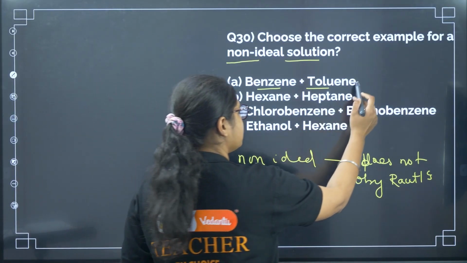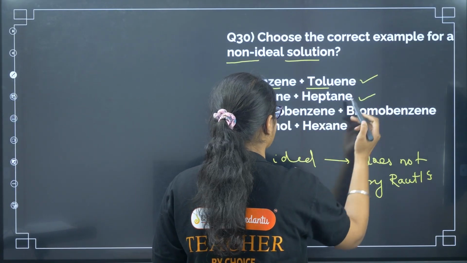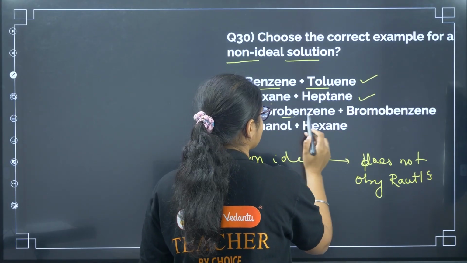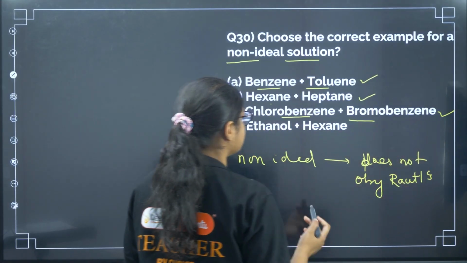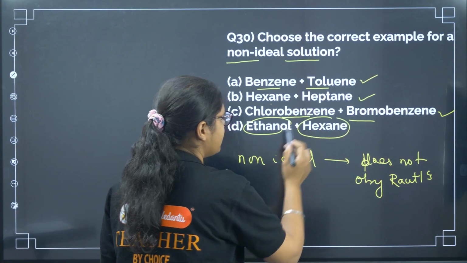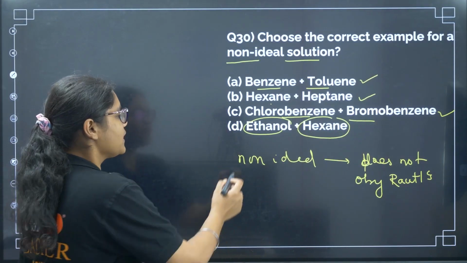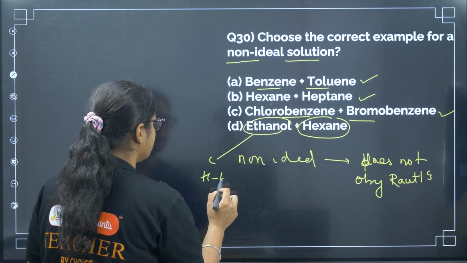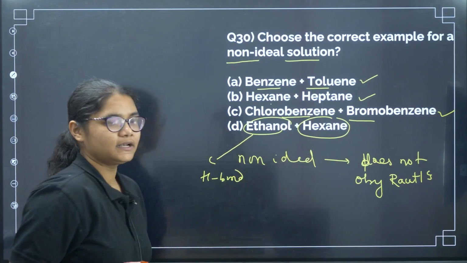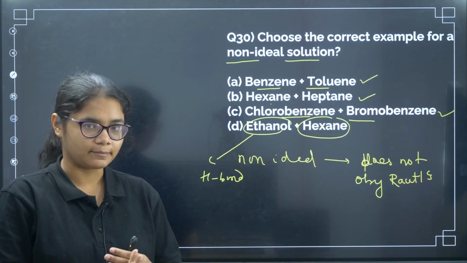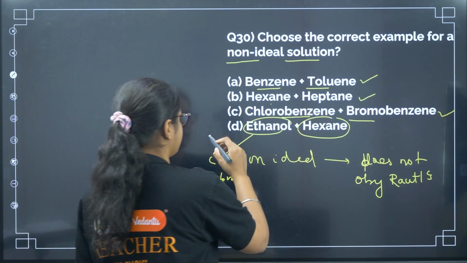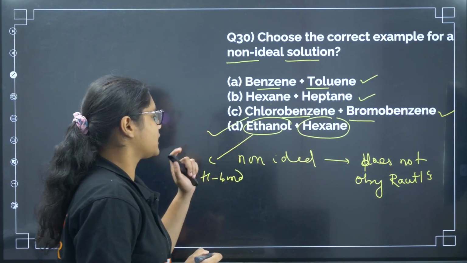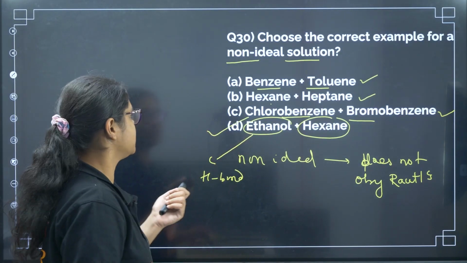Benzene and toluene form an ideal solution, hexane and heptane is also an ideal solution, chlorobenzene and bromobenzene is also an ideal solution, but ethanol and hexane is a non-ideal solution because ethanol has hydrogen bonding. When you add hexane to ethanol, the hydrogen bonding gets disrupted. That is why it forms a non-ideal solution. So the correct answer for this question is option D.